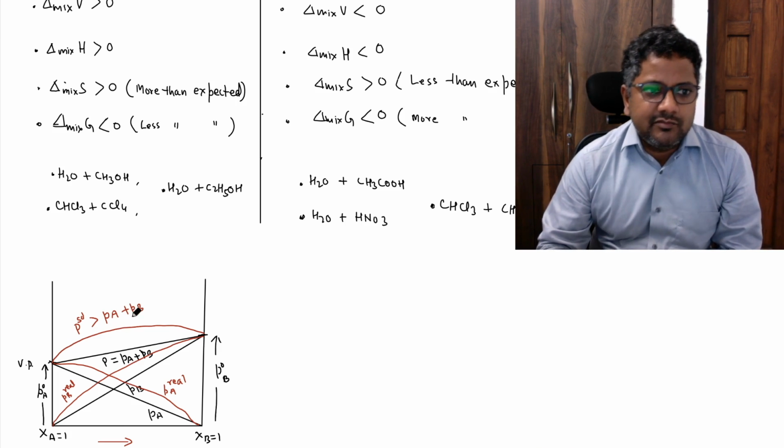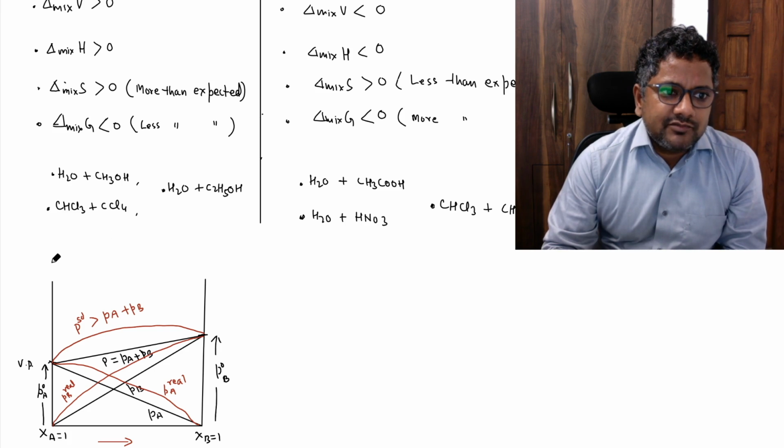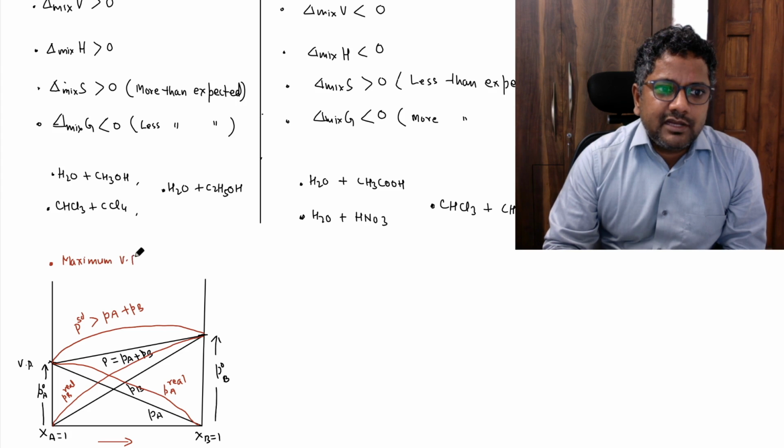In such type of solution, you get a point at which the vapor pressure is maximum. So sometimes such type of solutions are also said to be maximum vapor pressure type solution, right?